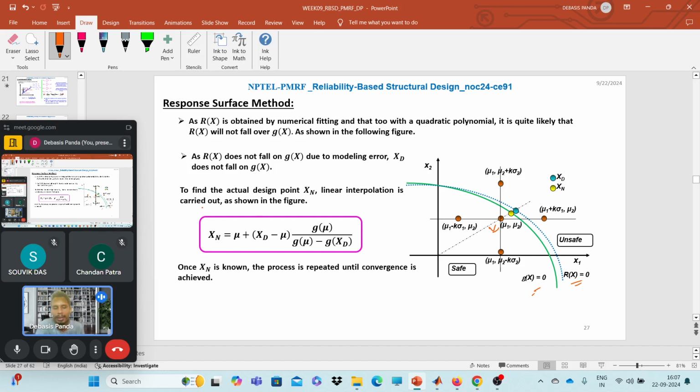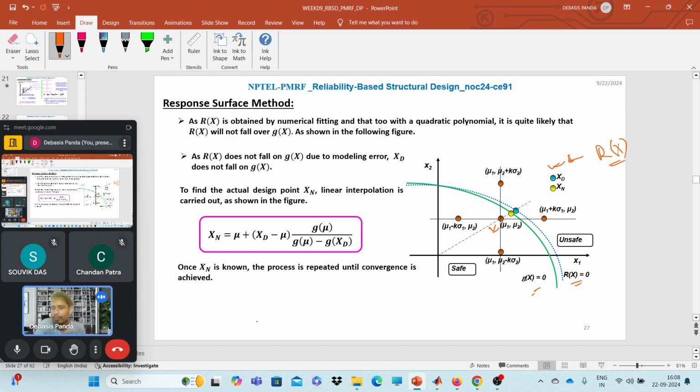So here the interpolation is done. After solving the response surface Rx, the final design values need to be interpolated with respect to the mean.